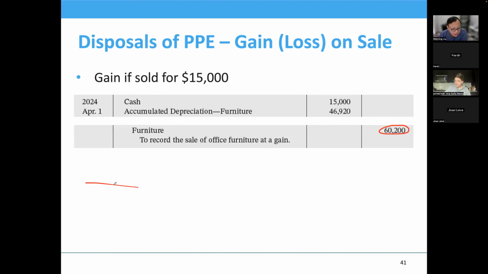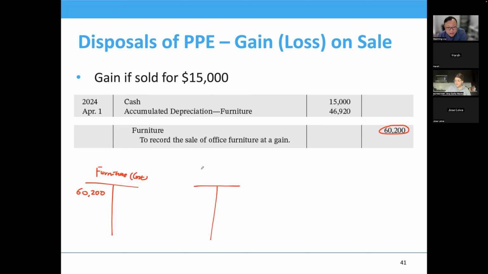So if you draw that T account, okay? For the cost, you have a furniture cost account. This cost account has a debit balance, which is 60,200.